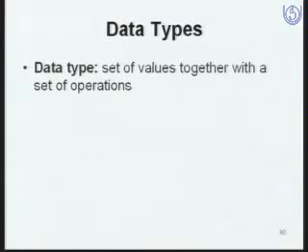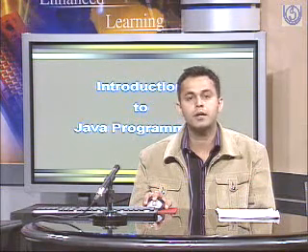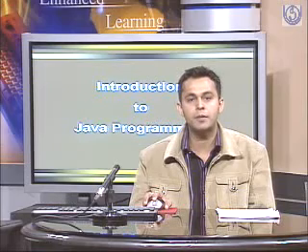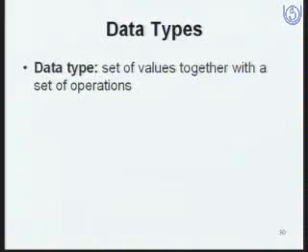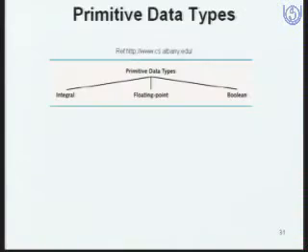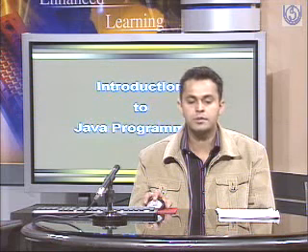Now let us see what are the data types in Java. Now what is a data type? It is a set of values together with a set of operations. For example, a data type can be integer. There are a number of data types which we will see in the next slides.